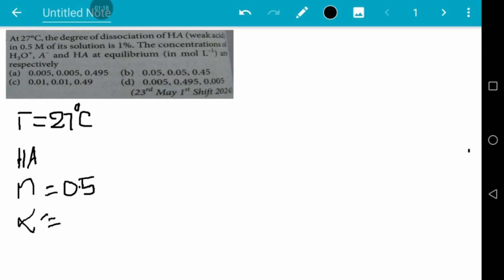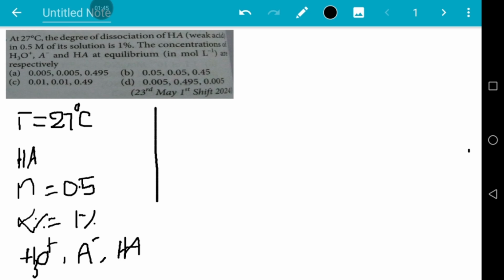Alpha percentage they gave is 1%. Now they are asking the H3O plus concentration, the A minus concentration, and the HA concentration at equilibrium. So this is the given information.